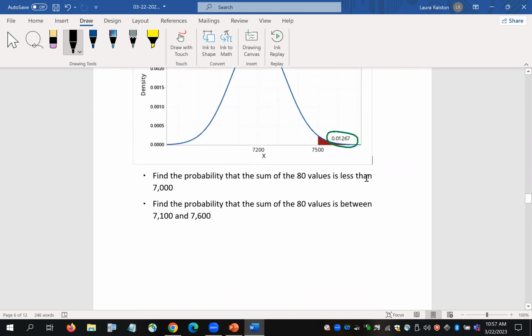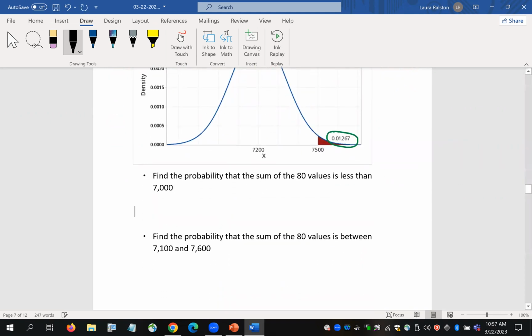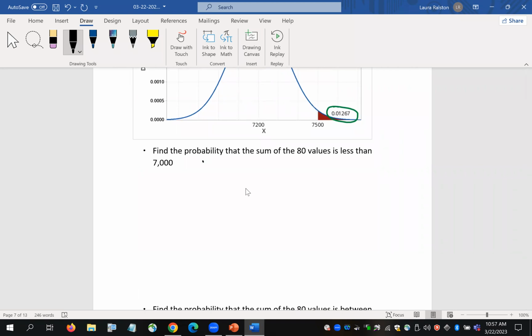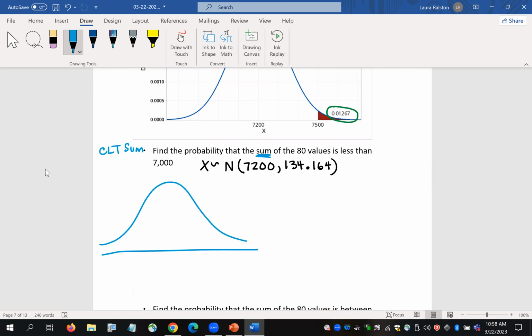Okay, let's look at another one. Again, we know, because we've applied the central limit theorem, that our distribution is normal with a mean of 7,200 and a standard deviation of 134.164. This question says find the probability that the sum, again, if you were having to try to figure this out on your own and you see that word sum, that's the clue that you're going to apply the central limit theorem for the sum. So I know that I have a normal distribution.